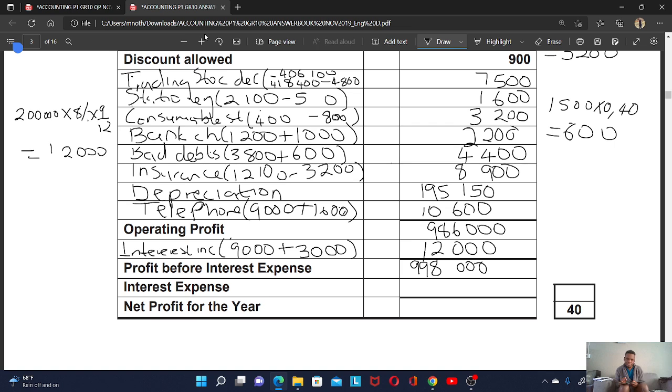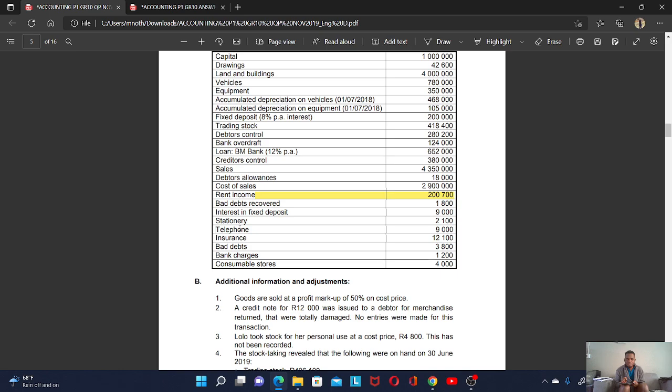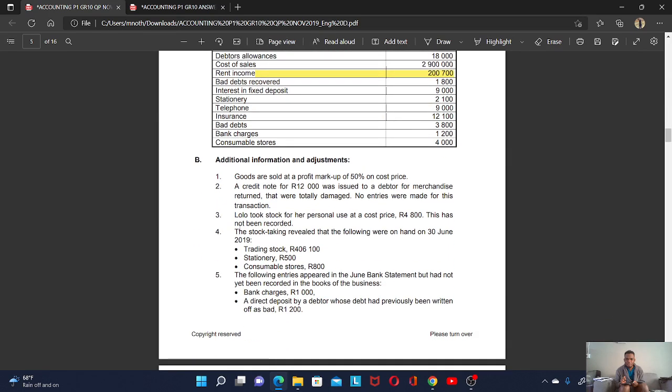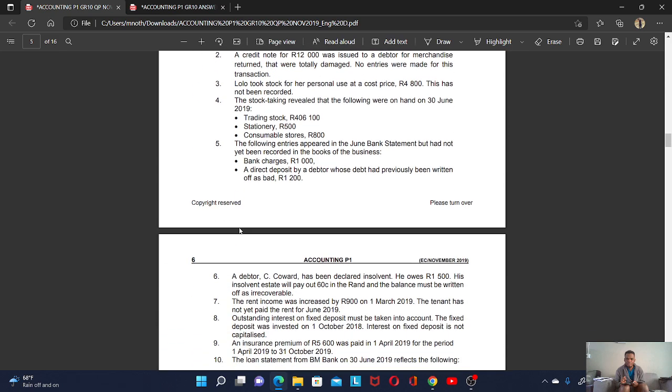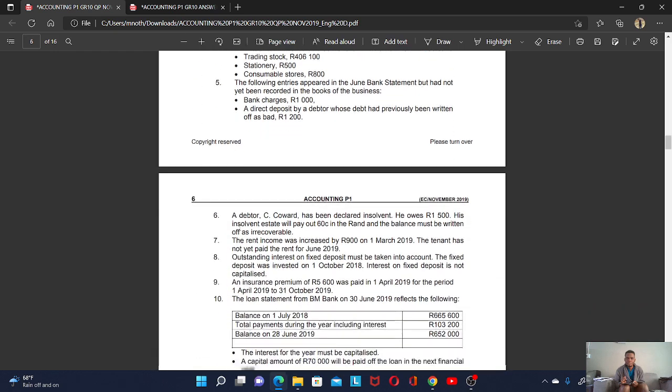And then the interest expense, let's go and check in your trial balance. Do we have the interest expense in the trial balance? It seems like we only have the interest on loan.